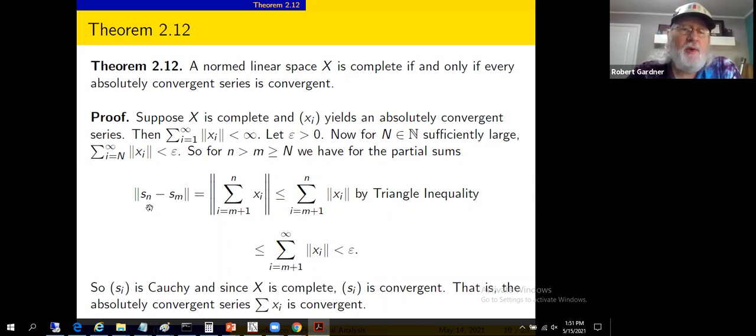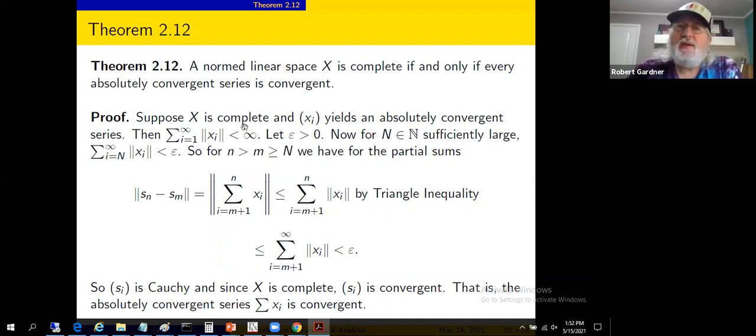So we've shown that the sequence, be very careful with my words because we're talking sequences and series here, the sequence of partial sums is Cauchy. For all m and n greater than capital N, the norm of the difference is less than epsilon. Yeah, that sequence of partial sums is a Cauchy sequence. What were we assuming here?